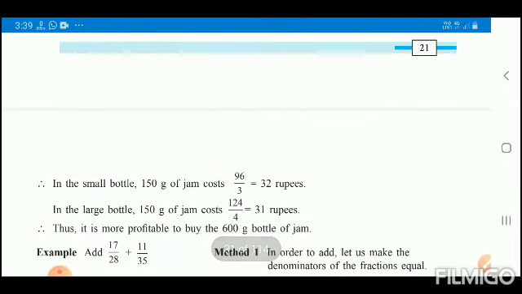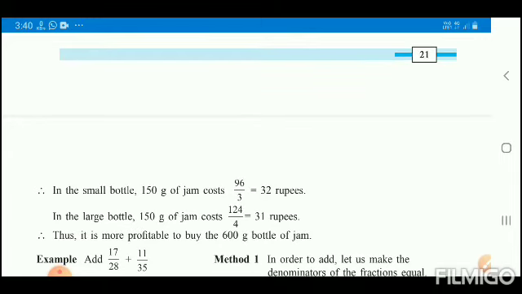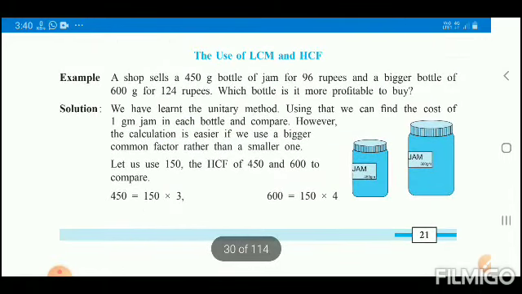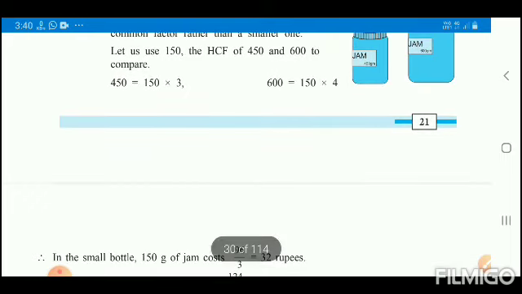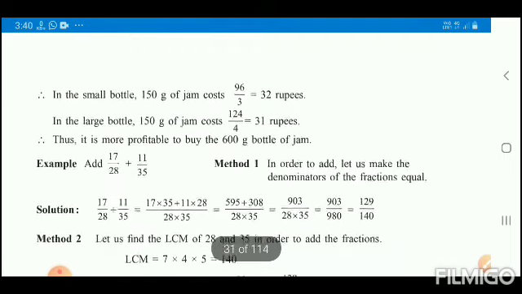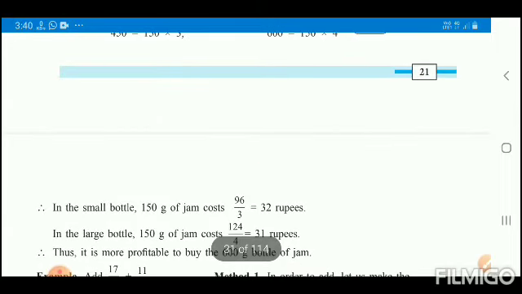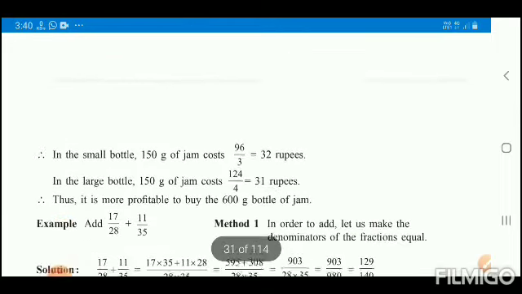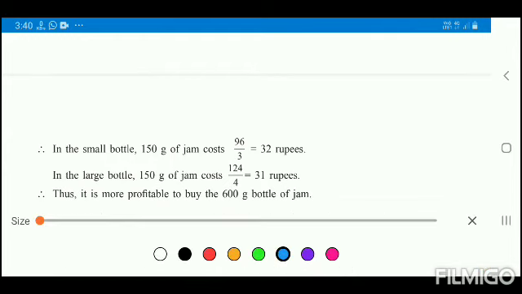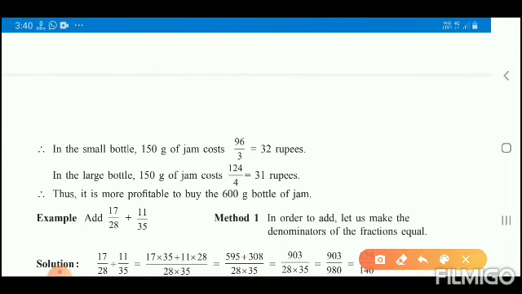We will consider 150 grams of jam. Then its cost is 96 rupees. And in the large bottle, 150 gram of jam costs how many rupees? They have given 124. So here, look here. Why do we divide this by 3 and this by 4? Do you understand that? Now I will show you why. 150 multiplied by 3 means 450.